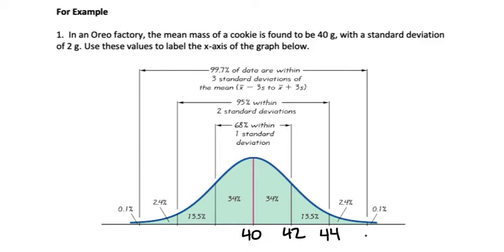And add a third standard deviation, adding another 2 gives me 46. Then to fill in the numbers to the left, I subtract the standard deviation, subtract it again, and subtract it again. So on the x-axis, I have the different values of, in this case, the weight of a cookie in grams.